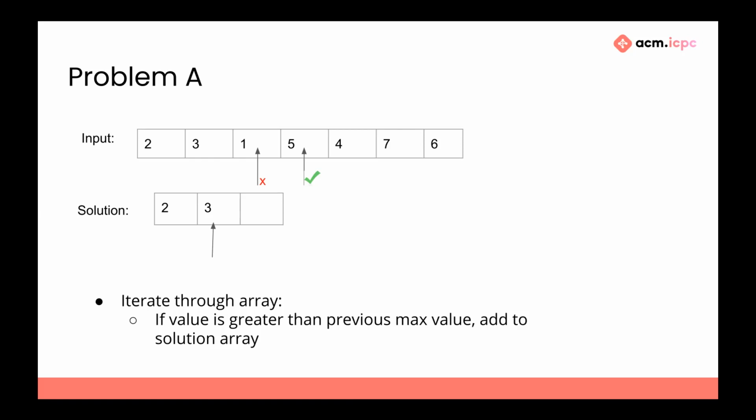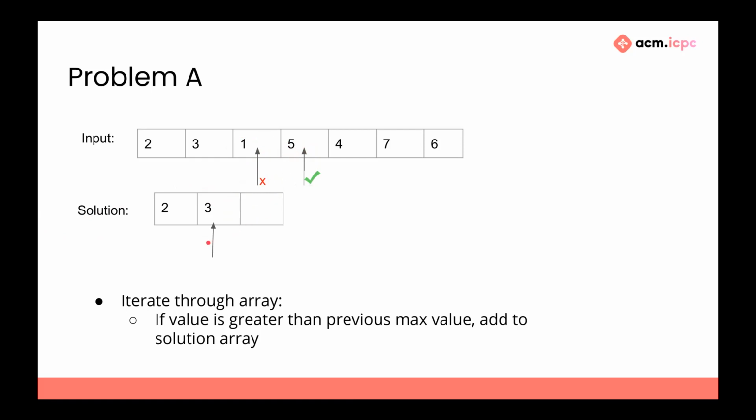For example, if we want to consider 1, we would compare 1 to the previous maximum, which is 3, and we would not include it in the solution. But if we compare 5 to the previous max, which is 3, we include 5 and make 5 our new max.